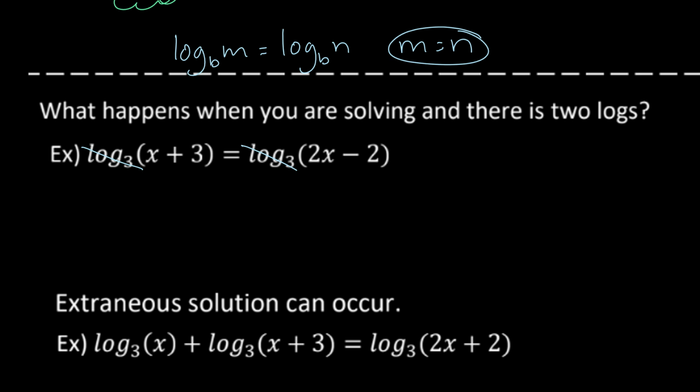So what we do here is we have x plus 3 set equal to 2x minus 2. And then I solve, I subtract x over, I add 2 over, and x is what? 5. 3 plus 2 is 5.